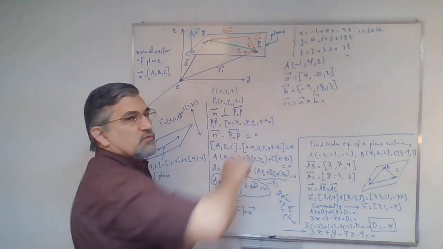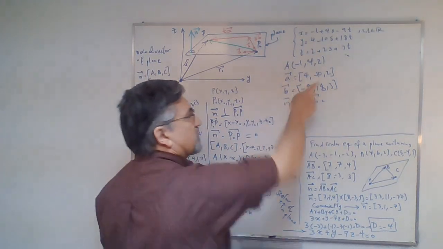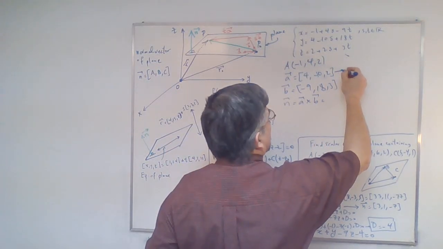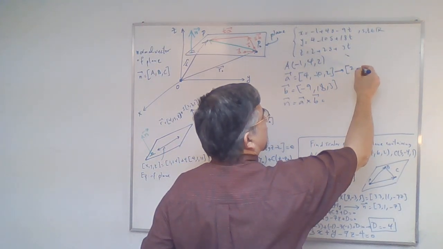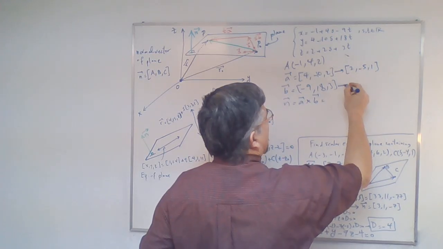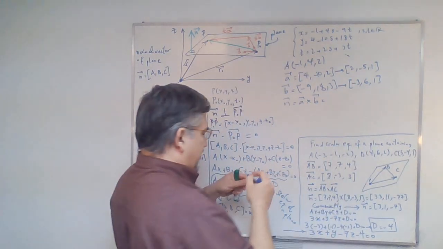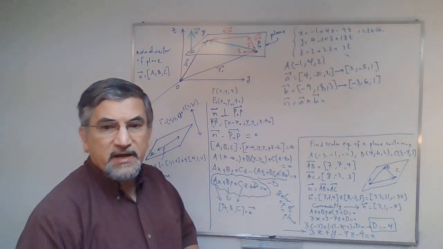So why bother working with larger numbers? Now that these numbers are all even numbers divisible by 2, why shouldn't I just conveniently take 2, -5, and 1, and here I take -3, 6, and 1 by dividing those components by 3.